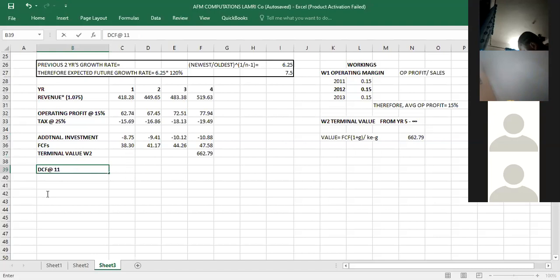Okay, so we can do this very easily, to be able to drag the discount rates to all the years.